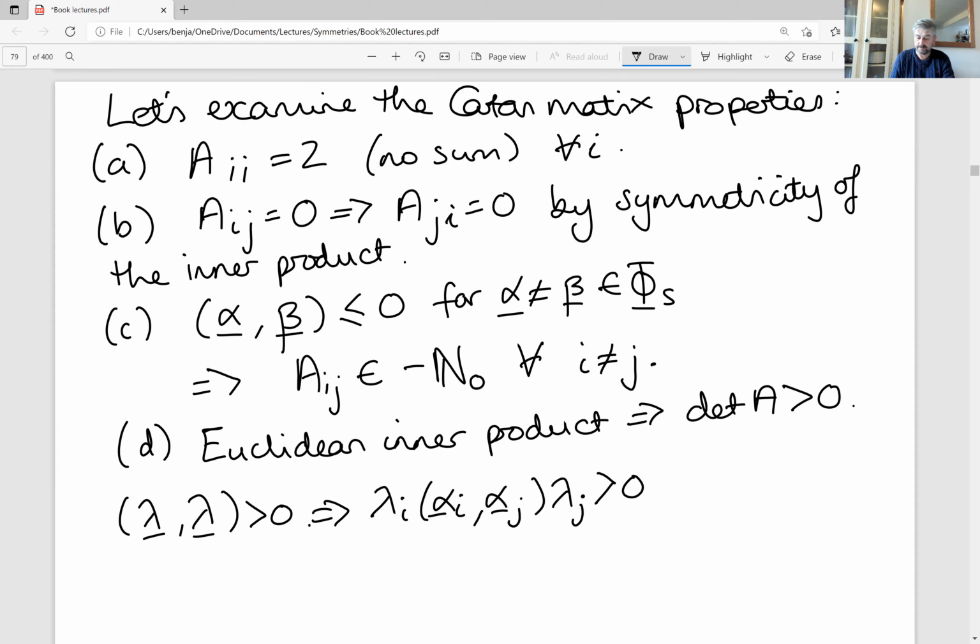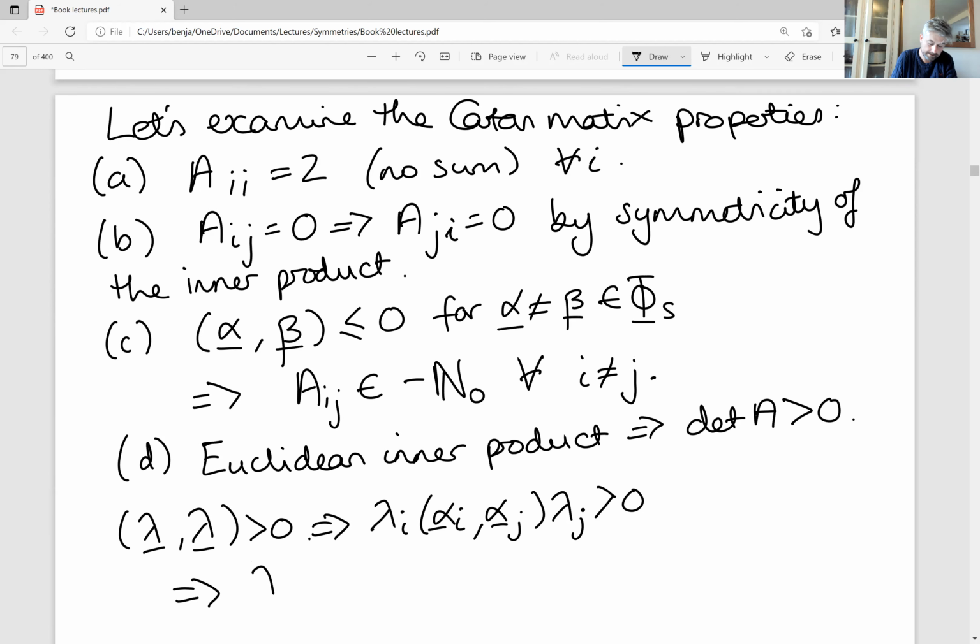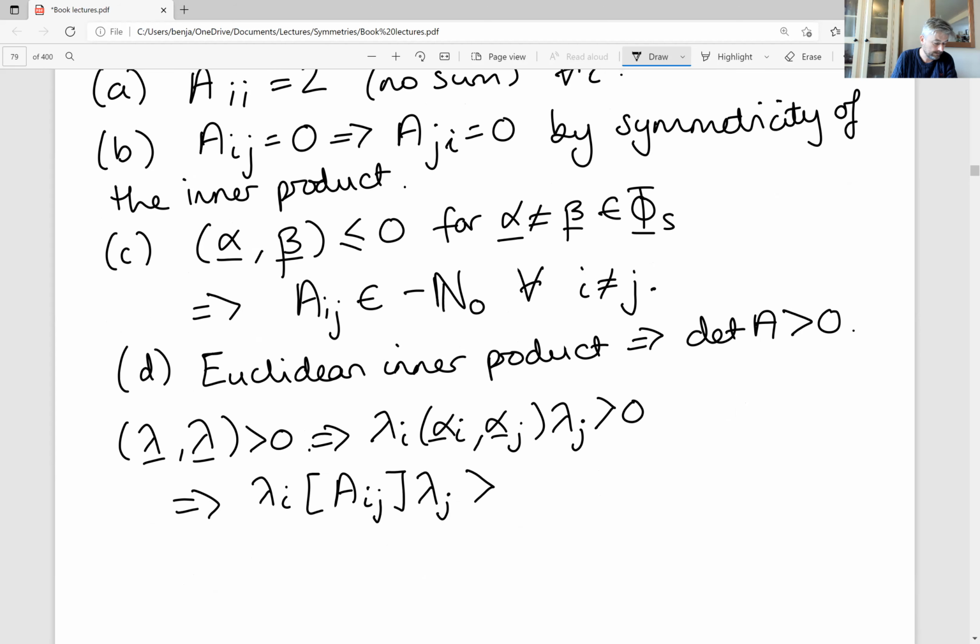So we can divide this by alpha_j, multiply by 2 and divide by the inner product of alpha_j with itself. And so this implies, by doing that, we see that lambda_i times the Cartan matrix times lambda_j is bigger than 0.